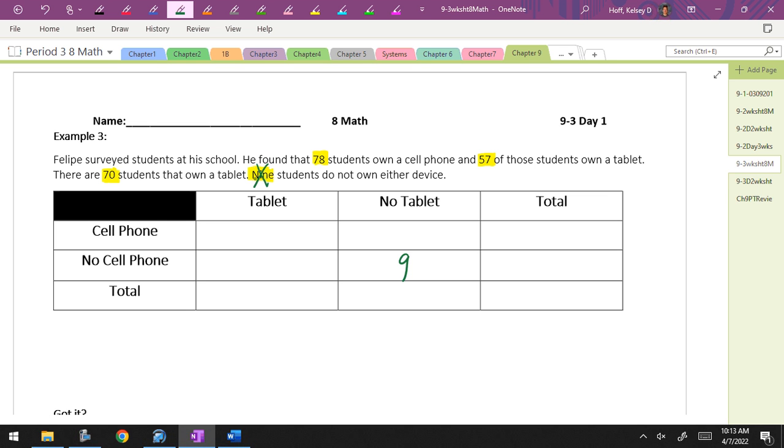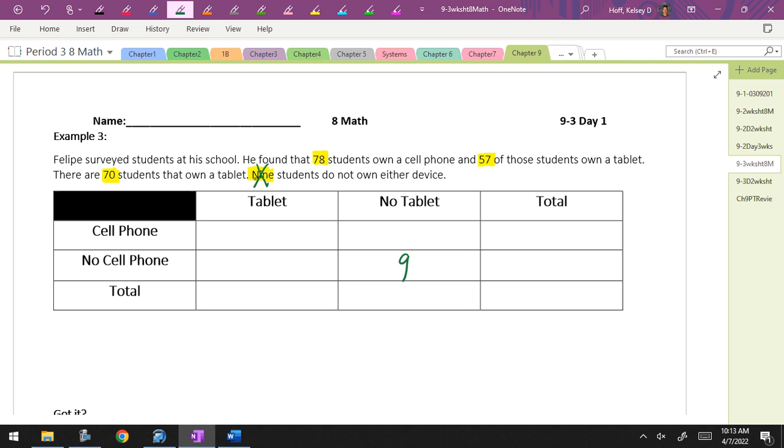Cell phone? No tablet? Yeah, don't do any adding or subtracting. What goes here? Do you think 78 goes here? Okay, so cell phone, no tablet. He found that 78 students own a cell phone. Pause. Do you know anything about those 78 kids other than the cell phone?